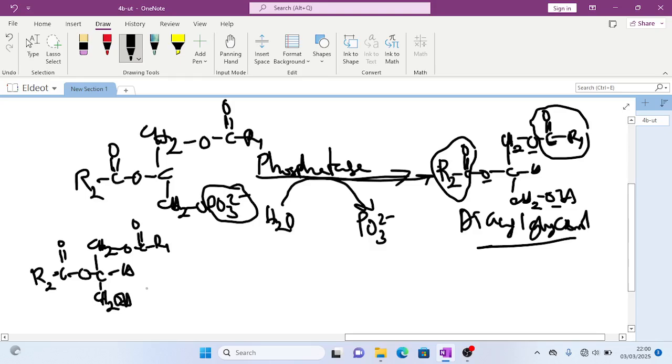So if this is the diacylglycerol, now for us to get triacylglycerol, that means that we're going to be esterifying this OH group with an acyl group. So of course the acyl group will be in the form of acyl coenzyme A. So we add an acyl group here.